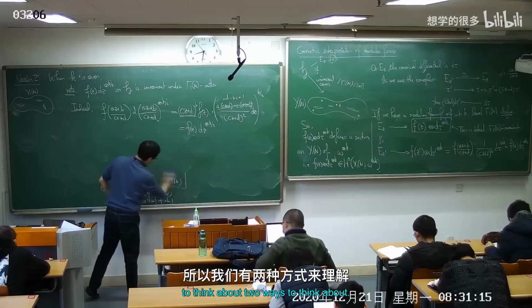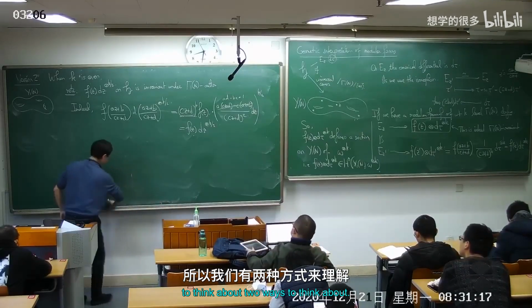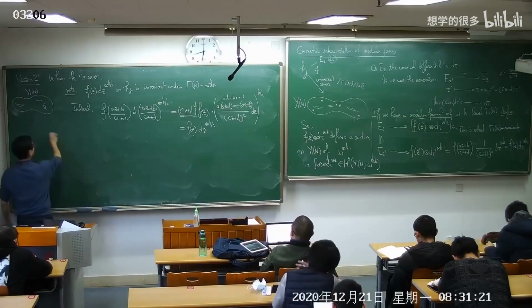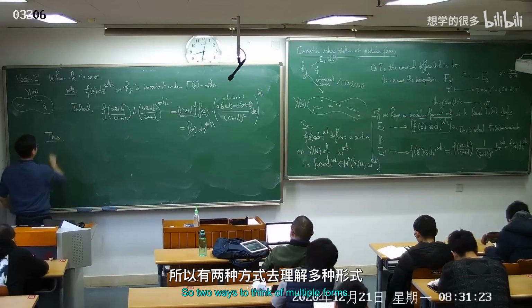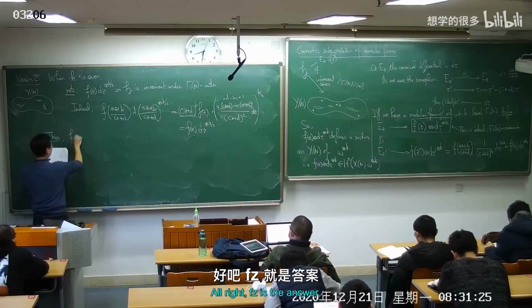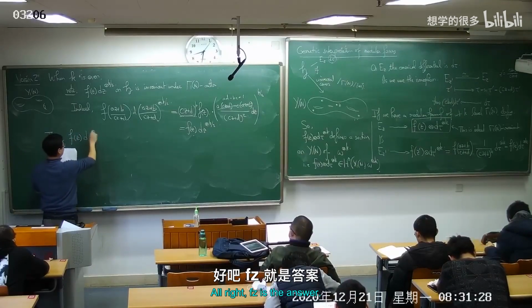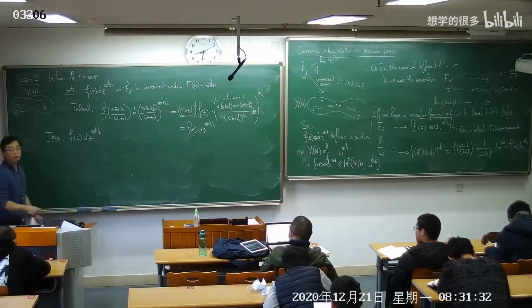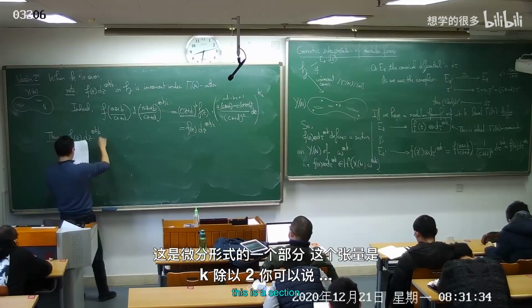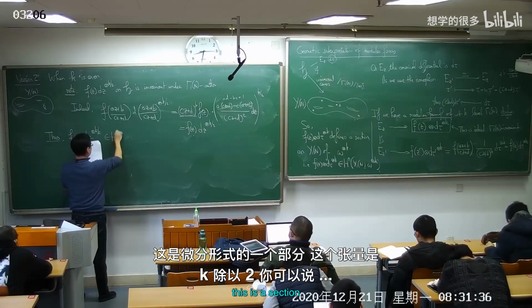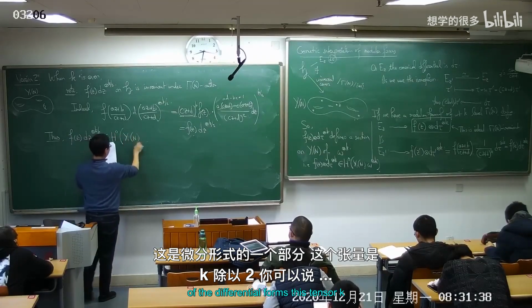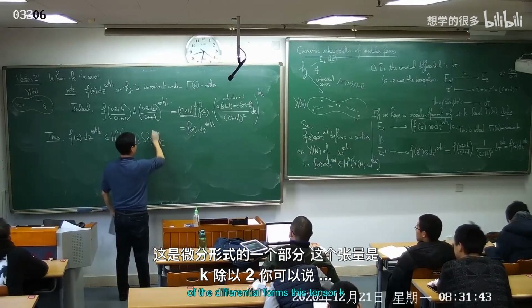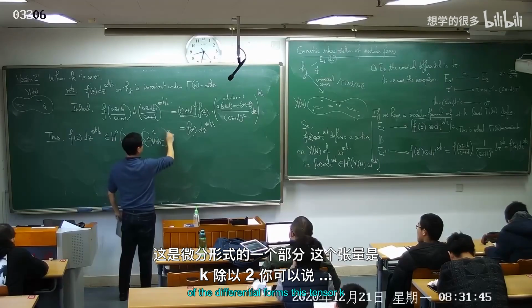So we have two ways to think of modular forms. F(z) dz tensor k over 2 is a section of the differential forms, tensor k over 2.